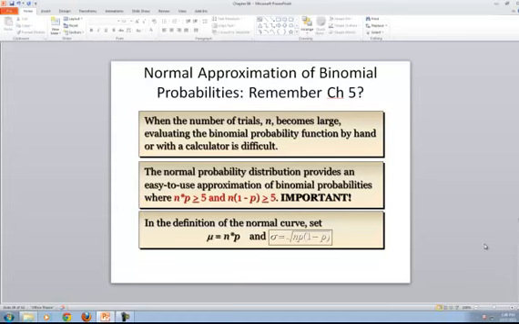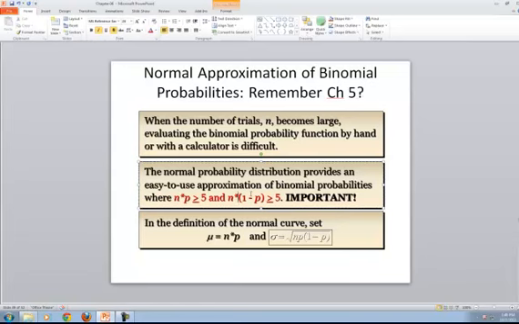But please take note, it's important that two criteria are fulfilled, and these are the ones highlighted in red, i.e. np should be greater than or equal to 5, and n times 1 minus p should be greater than or equal to 5. These two must be fulfilled before you can use the normal approximation.